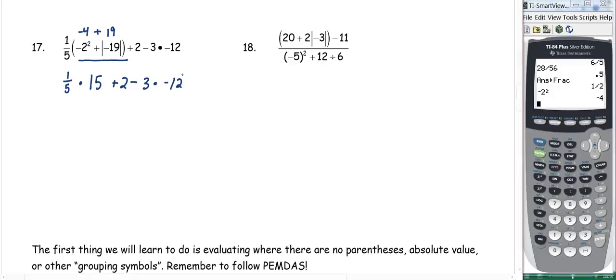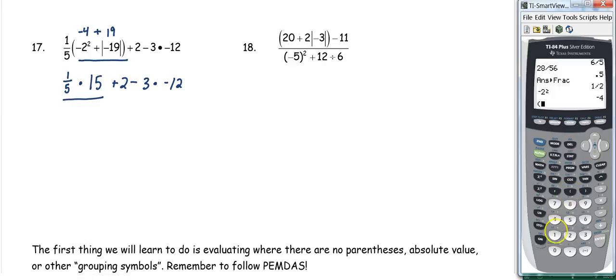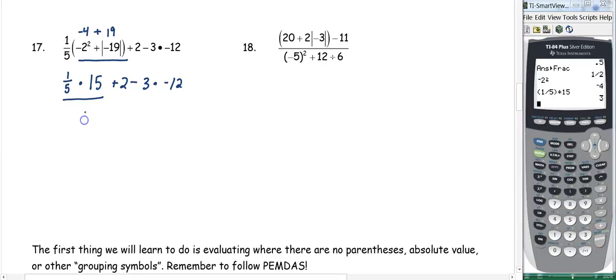Next, I'm going to look at multiplying. When I first look at this, I need to multiply 1/5 times 15. So 1 divided by 5 times 15 is 3, plus 2 minus 3 times negative 12. Make sure when we're multiplying here, we're counting this as a negative 3.